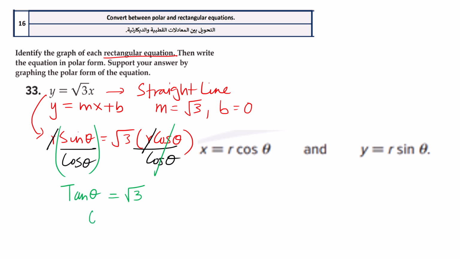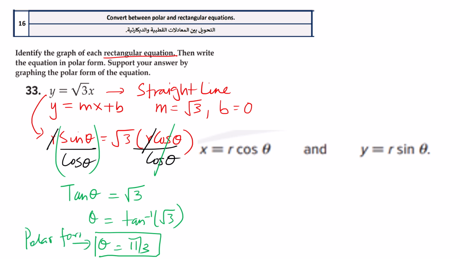So I can exactly get my theta from here. It's going to be tan inverse of square root 3. Do this in your calculator and you will get pi by 3 radians. So theta equal to pi by 3. This is my polar form, and this is an interesting polar form because it does not have any r.